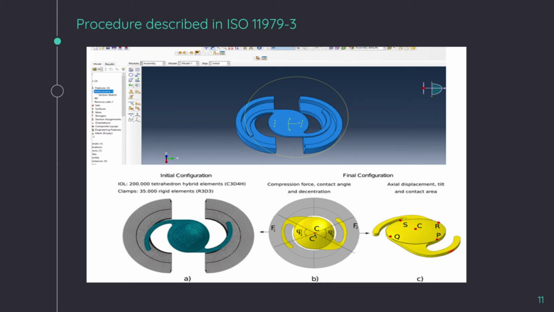The right clamp is displaced until a compression diameter of 10 mm while the left clamp remains fixed. The compression or reaction force at the horizontal plane was reported only at the end of the compression. The axial displacement, tilt, and rotation were evaluated by comparing the initial and final configuration of the lens, following the standard ISO, which established that 4 key points must be recorded in order to determine the stability of the IOL.